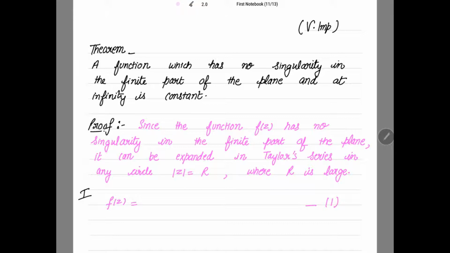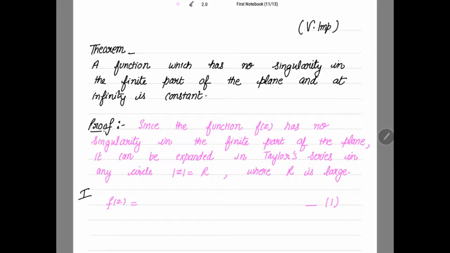If in both cases the function has no singularity, not in the finite part of the plane and also not at infinity, then such a function is a constant function.